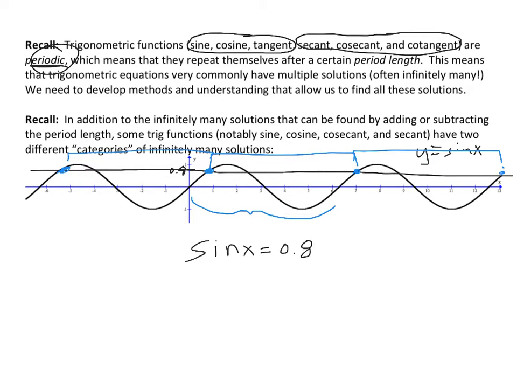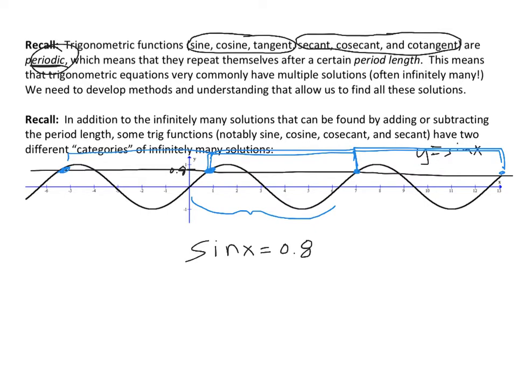But we also need to remember from last year that in addition to those infinitely many solutions that you can find by adding or subtracting the period length, some trig functions, notably sine, cosine, cosecant, and secant, will have two different categories of infinitely many solutions. I found this one, and I could find more of them by adding 2 pi to that one, but that neglected some of these other solutions.